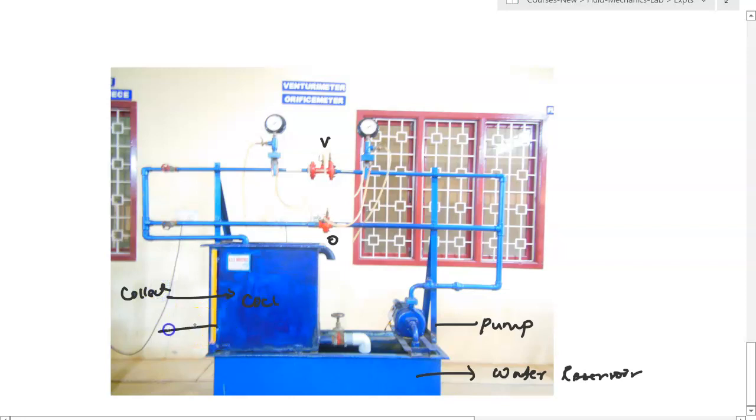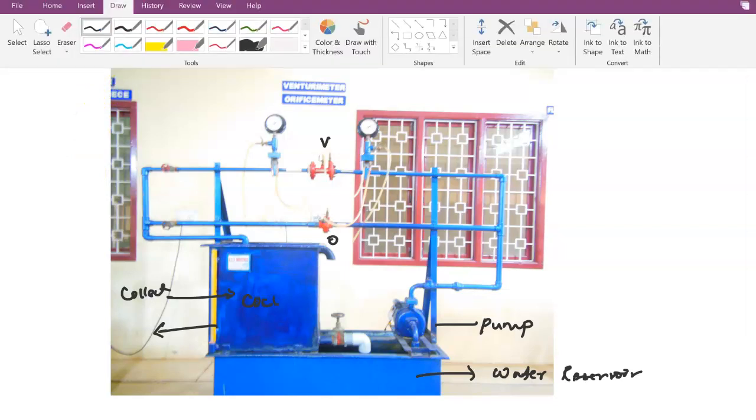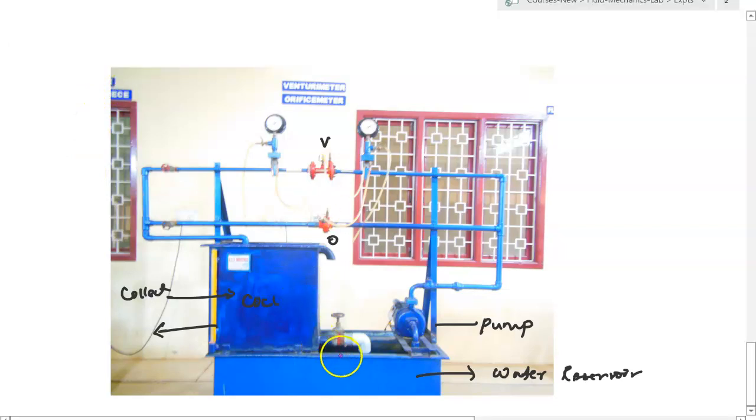You have a small glass tube attached to the scale through which you can see the water being collected in the tank. Now let's see how the flow happens. From the water reservoir, the pump sucks the water from the suction end and then discharges it here.